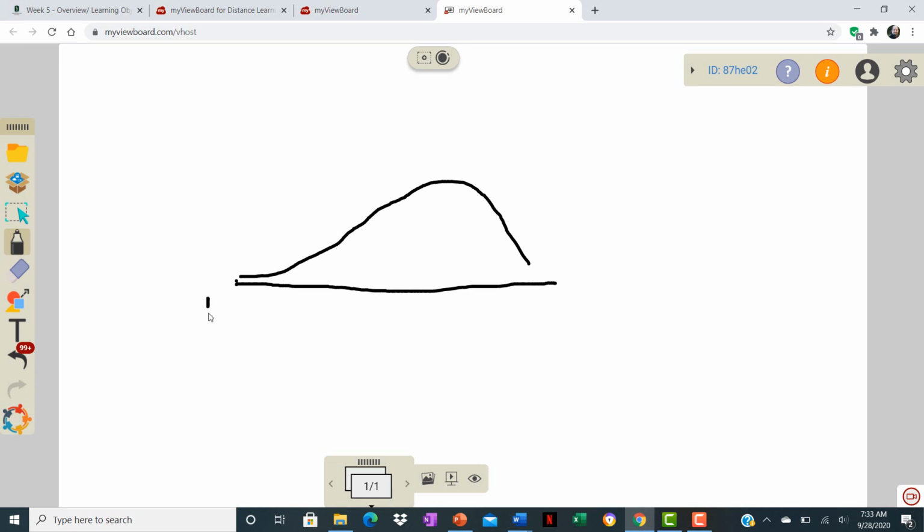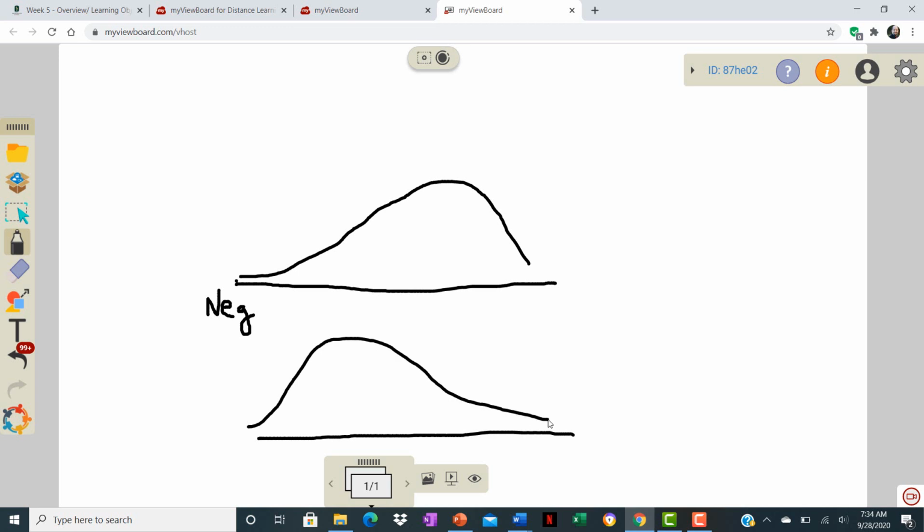So this is going to be a negative, negatively skewed. This is what our book talks about too, negatively skewed distribution. And by contrast, if I were to draw a distribution that looks like this, we're going to call this positively skewed. Positively skewed. Okay, now how do I know what's what?